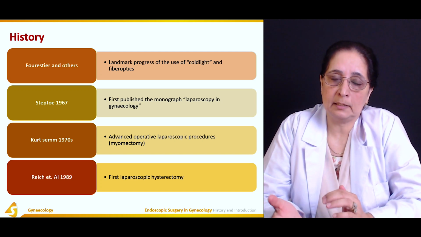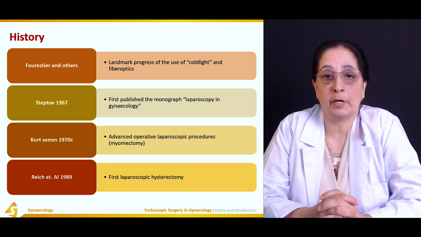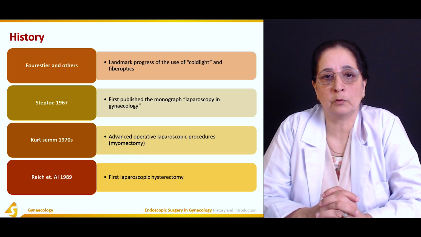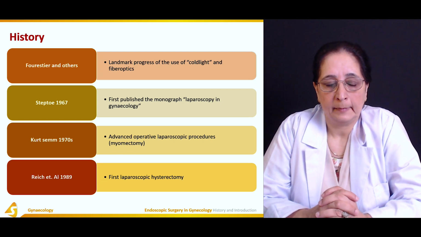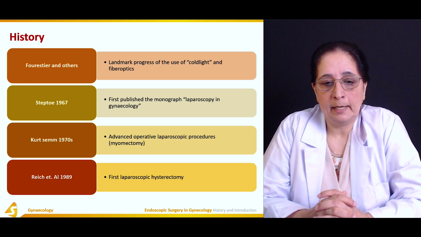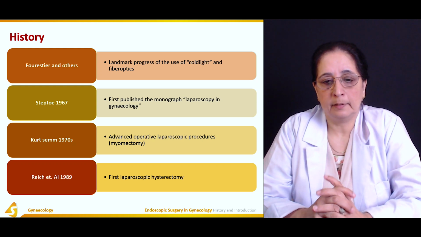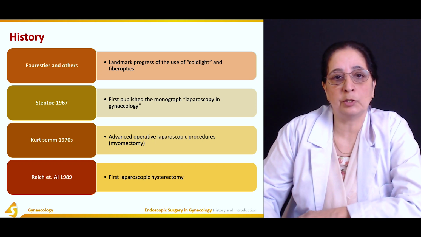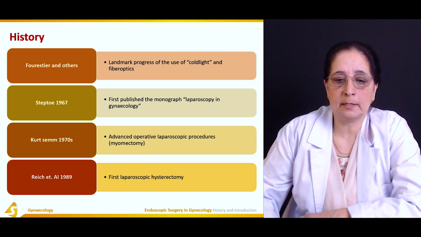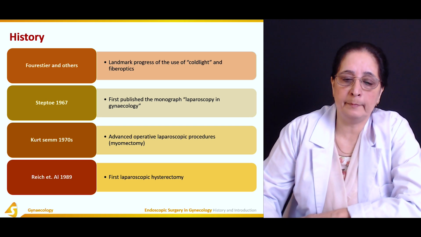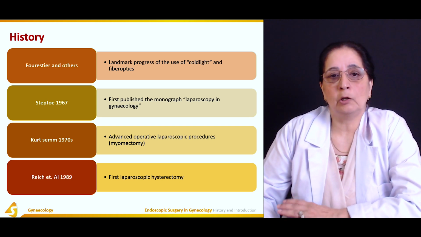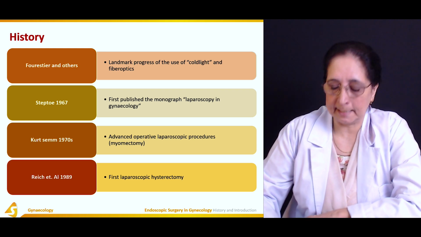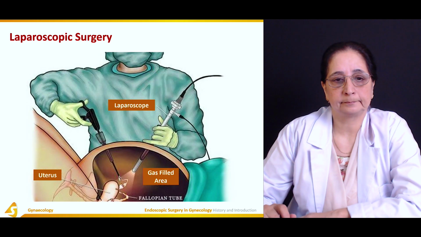So again, it's an advanced operative procedure. And then Reich in 1989 performed the first laparoscopic hysterectomy, again a major milestone in laparoscopic surgery. Hysterectomy is one of the major gynecological surgical procedures.